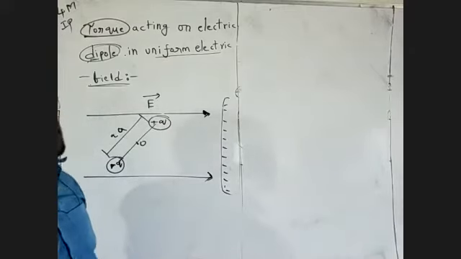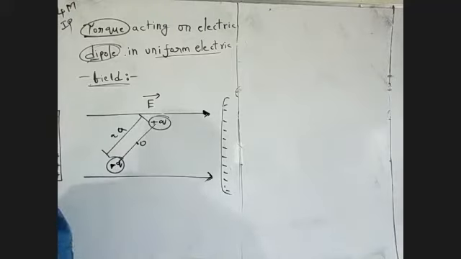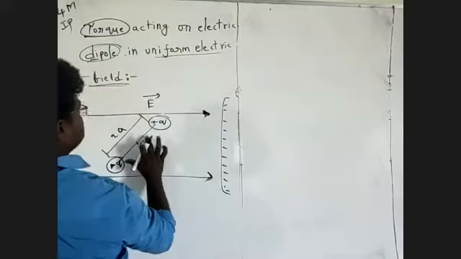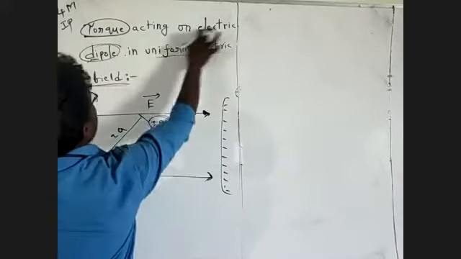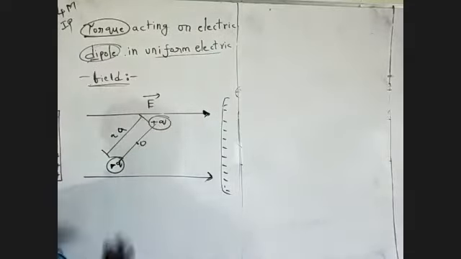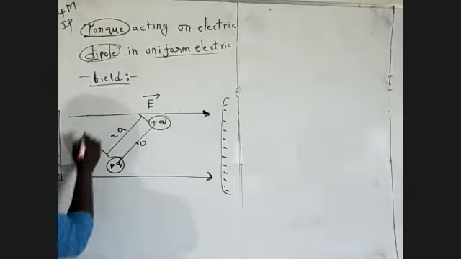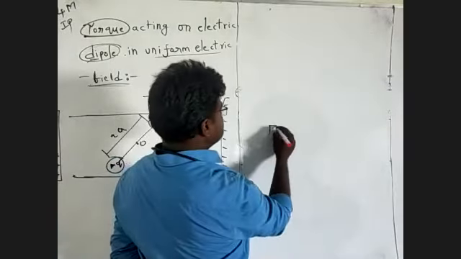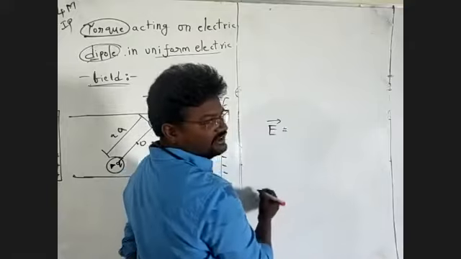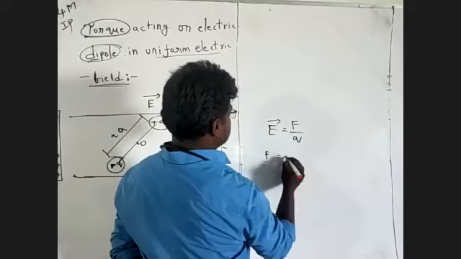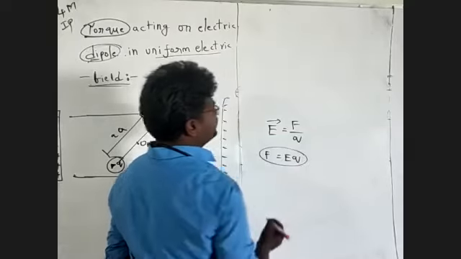Now, this is a dipole in a uniform electric field, and this is the torque acting on the electric dipole. We know this formula very well: the intensity of electric field is equal to force by Q, so F is equal to EQ.